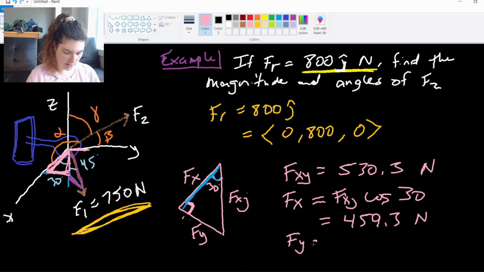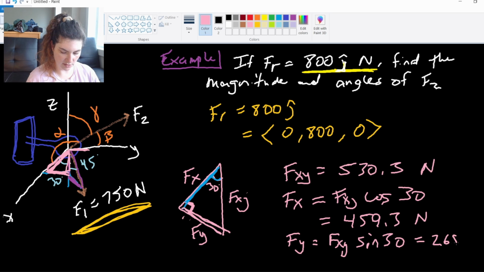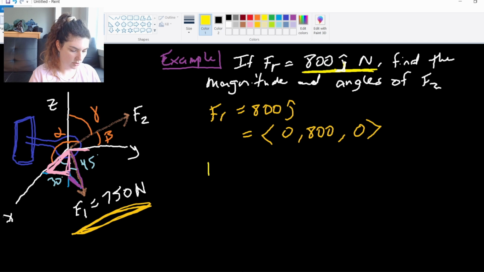And Fy is going to be Fxy sine 30, since it is opposite here. And that's going to give us 265.2 newtons. Okay, now that we have all of these components broken down, let's write it back out. So F1, as we found, the x component was 459.3.